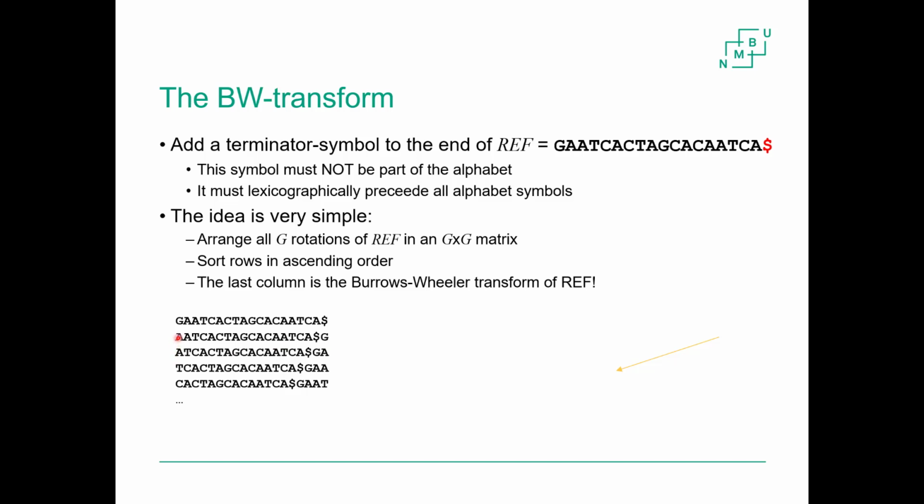You take the first symbol here, move it to the end of this one, and move everything one position to the left again. Then you end up with this one, right? And then you continue doing this over and over again. And you can see that there will be one new sequence here now for each position in the original reference. So that's why it's capital G rotations.